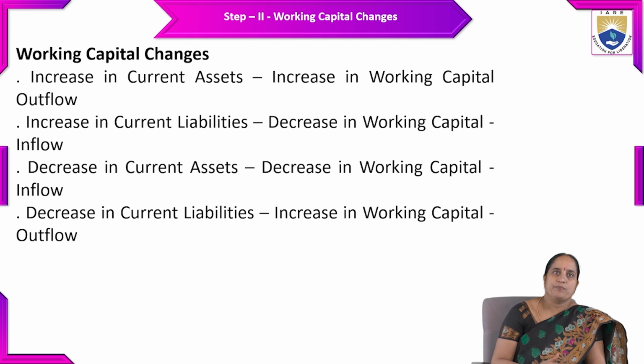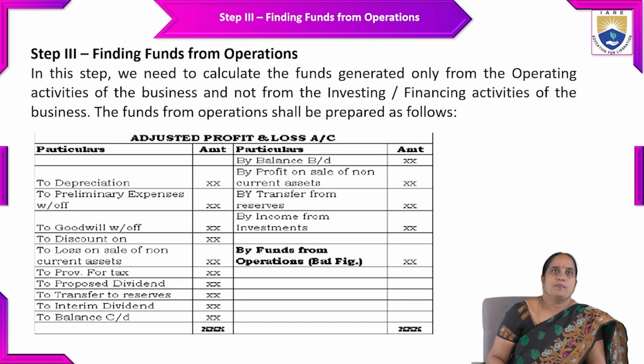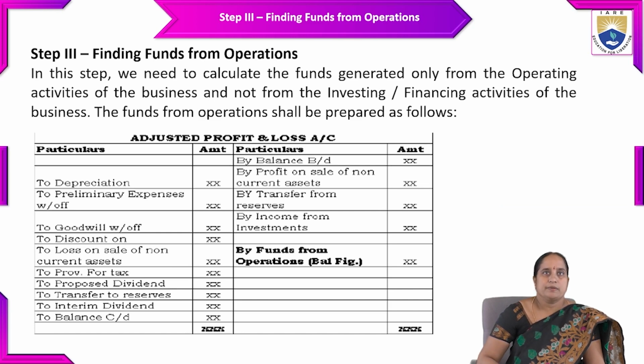This is inflow. And third one is a decrease in current assets, then an increase in working capital, that is inflow. And a decrease in current liabilities, that leads to a decrease in working capital. Again, it is outflow.